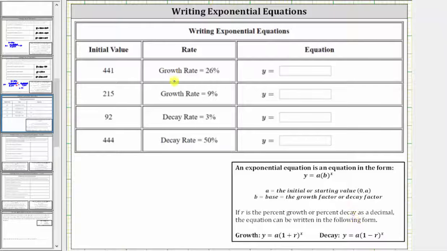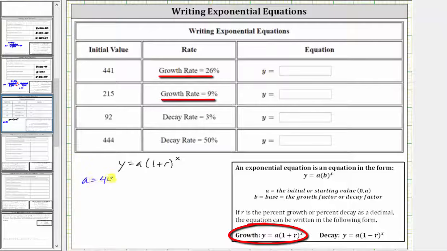So notice in the first two rows, we have exponential growth, which means the equation is going to be in the form of y equals a times the quantity 1 plus r raised to the power of x. In the first row, the initial value is 441, which means a is equal to 441.